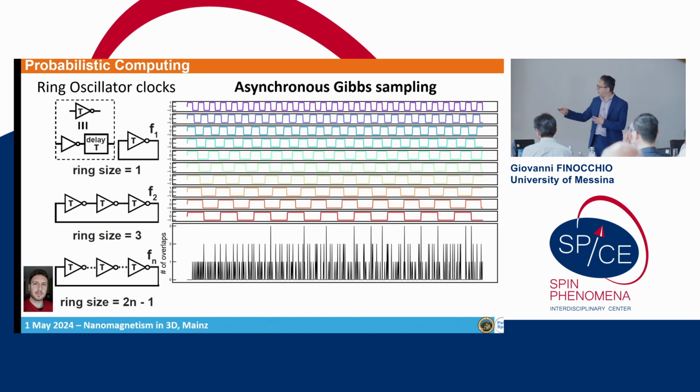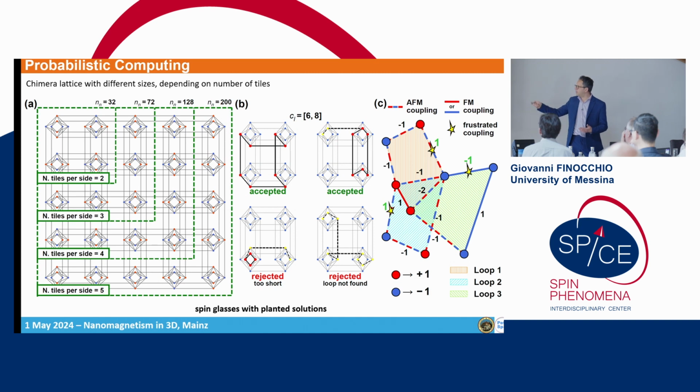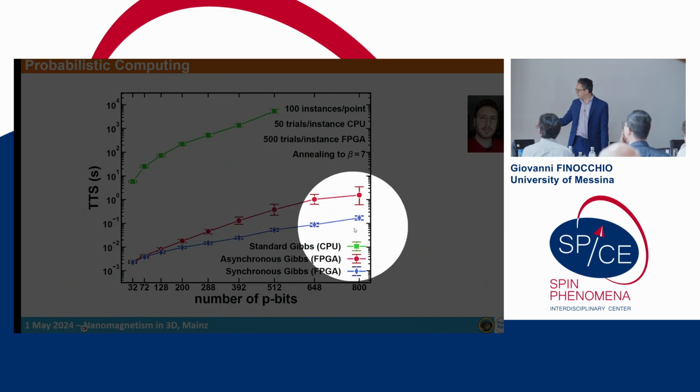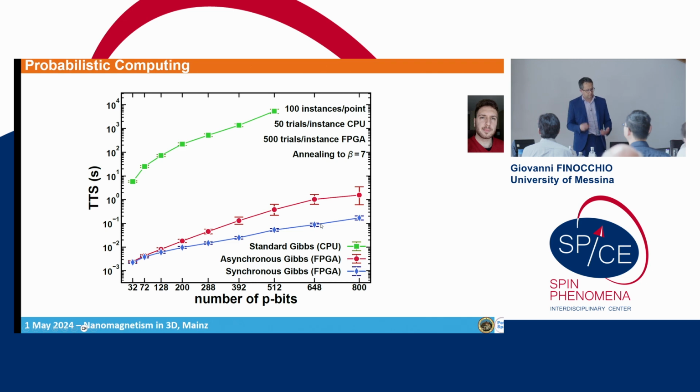Still, even if you have conflict, when we benchmark a very complex problem, we find out that the performance is still comparable with synchronous Gibbs sampling. Still not so good, but at least comparable. So we can have, let's say, a starting point where we can then apply the full synchronous update.